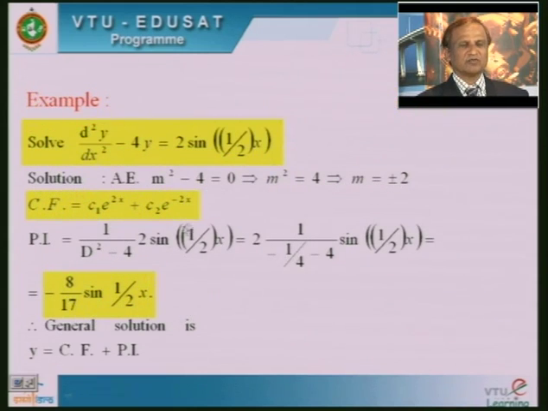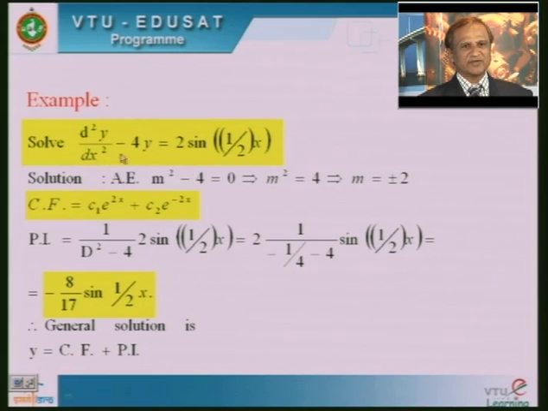So why don't we solve one similar type of example? It is given: solve d square y upon dx square minus 4y is equal to 2 times sin of (1 upon 2 x). Here you observe what the value of a is. It is of the type sin of ax. Before that, you identify whether it is homogeneous or non-homogeneous.